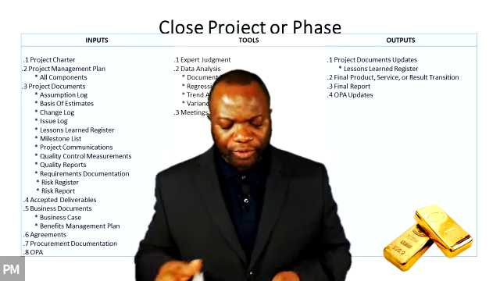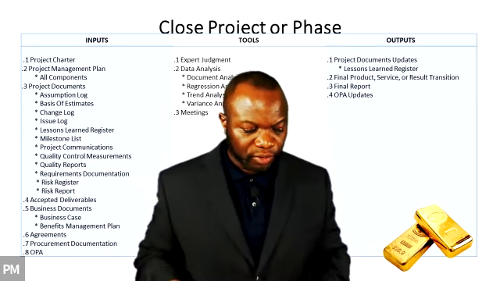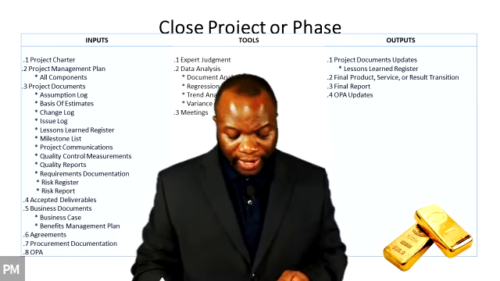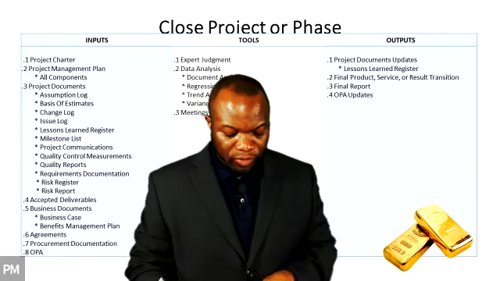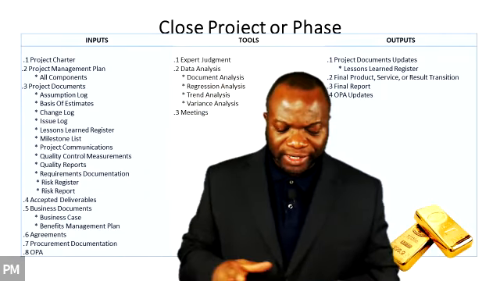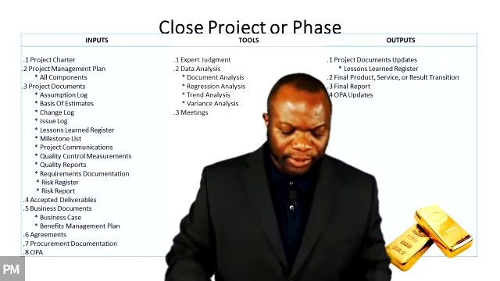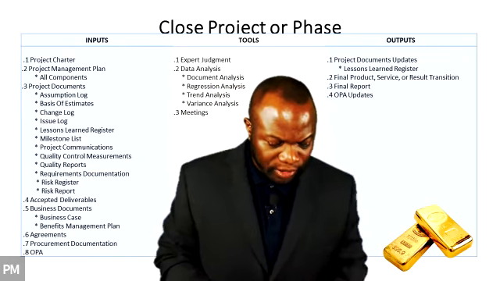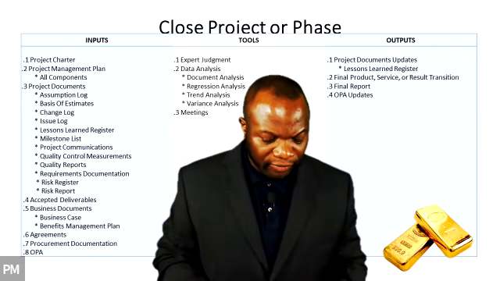In other words, how do we know that this thing has been approved and that has been stamped as final? Okay? Summary of the validation information. So we're talking more about the validate scope and how you stamped approval on that thing. How do you know the customer has approved that thing and validated it?